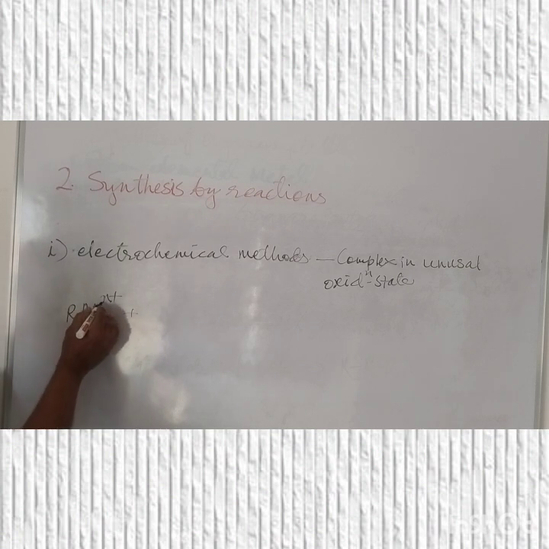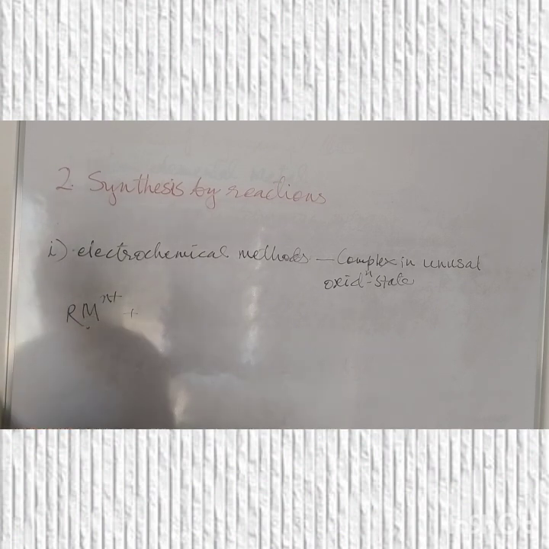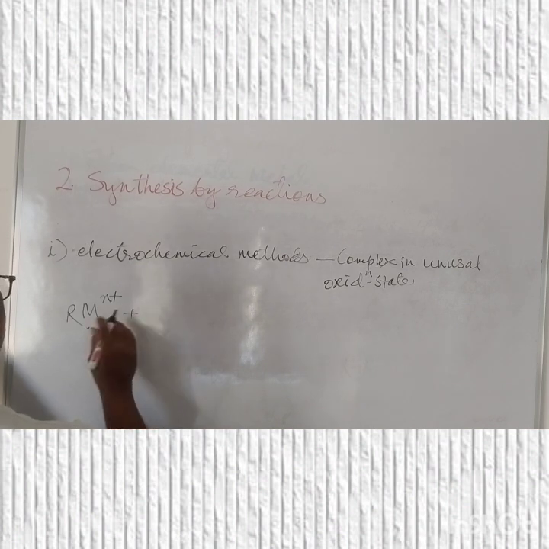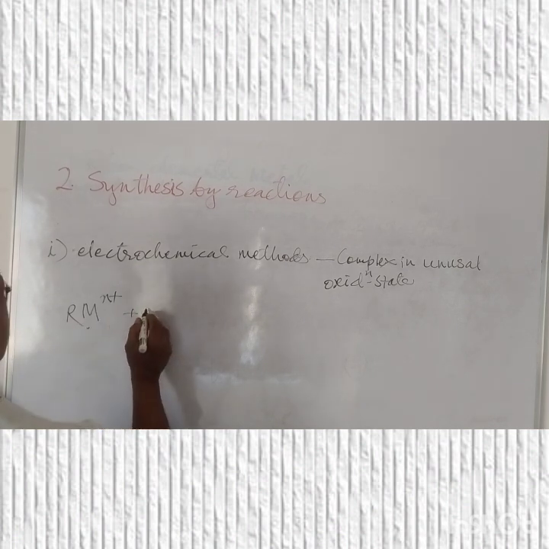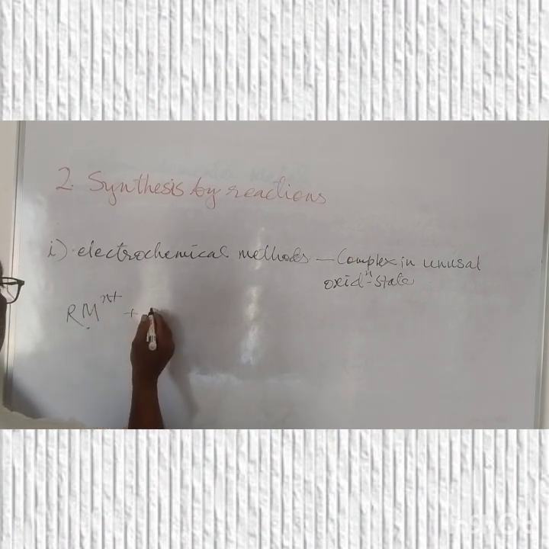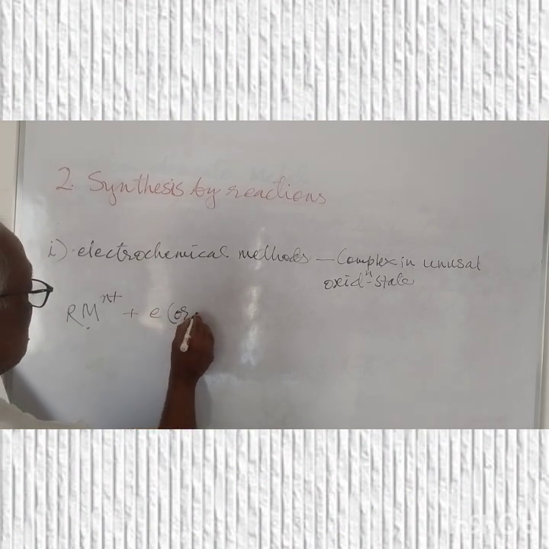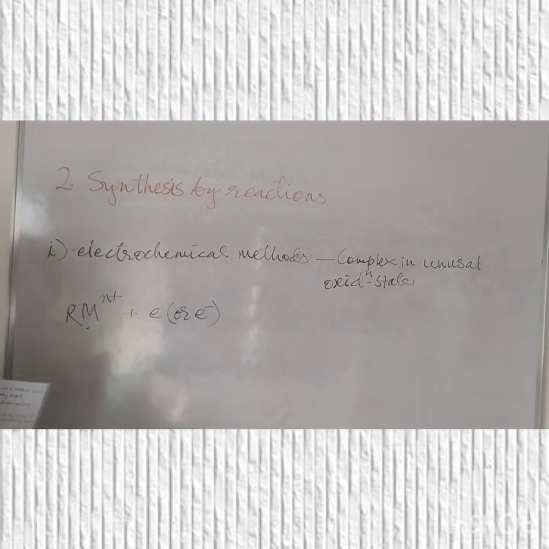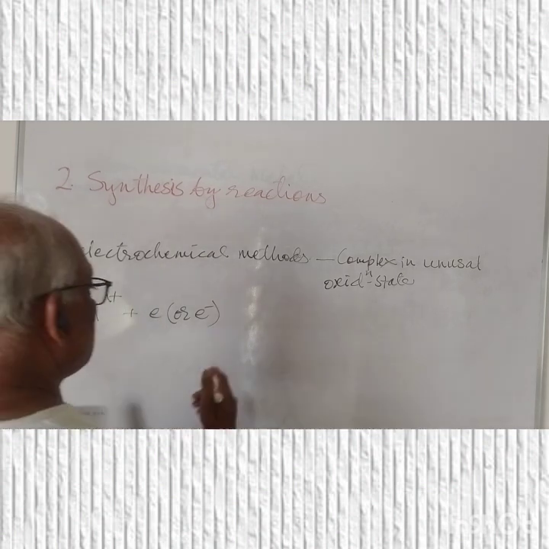Rm, here the complex, the charge is not on M but it is on the complex. So here we get this Rm having charge N plus, and if we add to this an electron, or if an electron is removed from this, if the electron is lost by the metal, then the oxidation state is changed. The charge on the complex is changed.